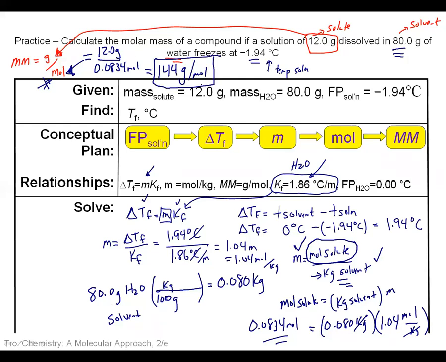So you can see here, we could actually use the freezing point information and the molality that we calculated to figure out the moles of this solute or compound. And we have the grams. So in addition to something like freezing point, the temperature at which it freezes, we could use this information to figure out the molar mass of a particular compound.